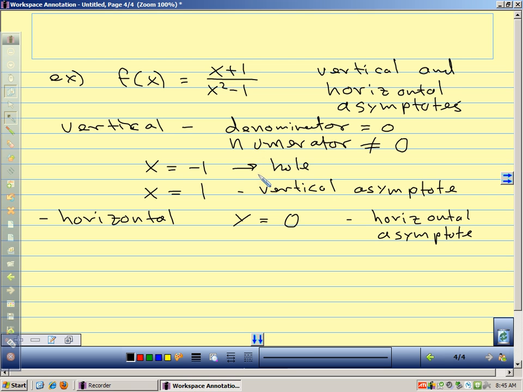So our vertical asymptote is at x equals 1, horizontal at y equals 0, and we have a hole at x equals negative 1.